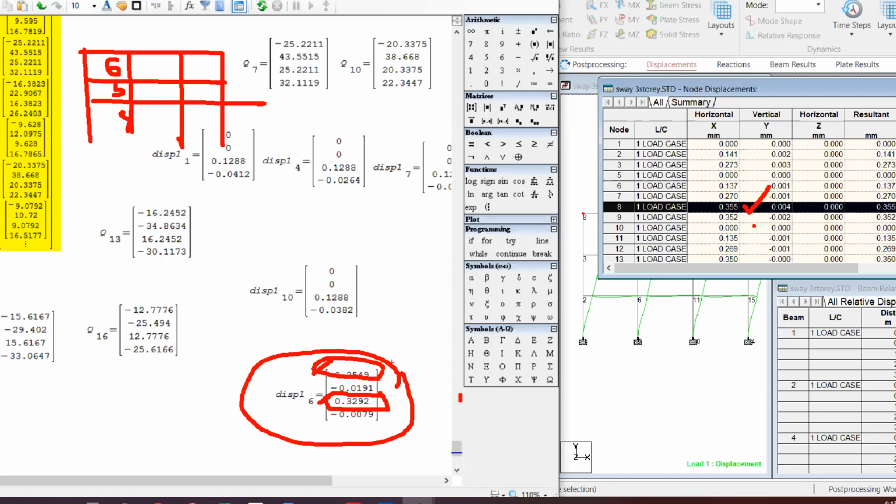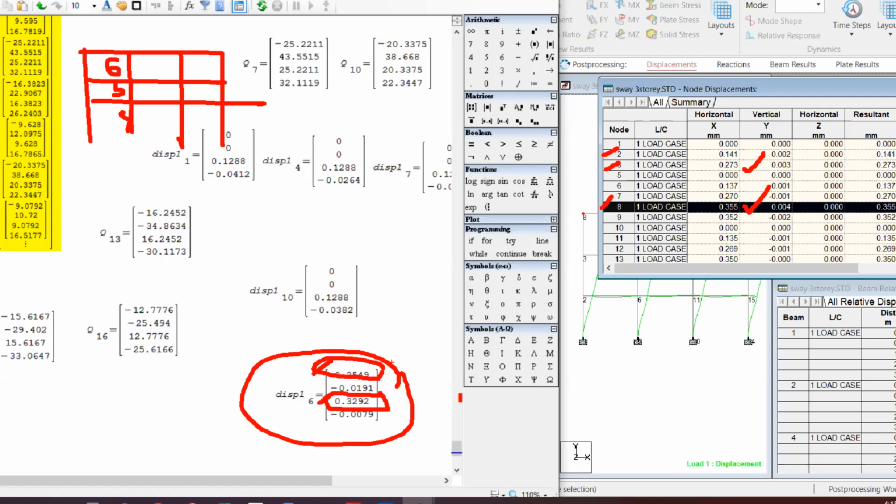STAAD gets 0.27, I got 0.25. STAAD gets 0.355, I got 0.33.